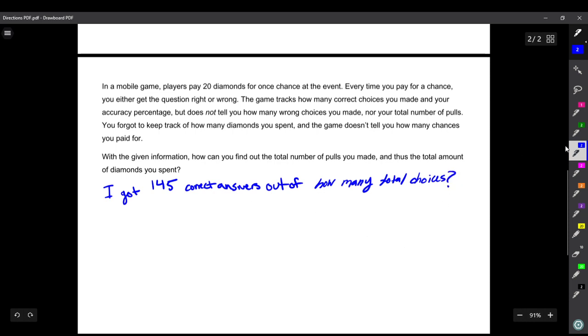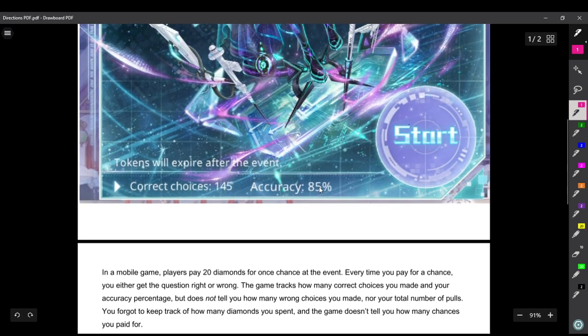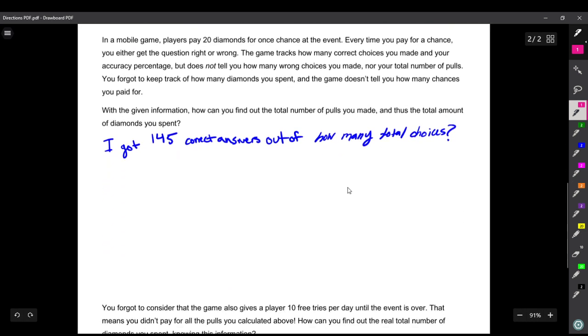So let's see. Essentially, as I described above, 145 is 85% of some unknown number. So, I know 145 is 85% of some number. My handwriting is not the greatest.